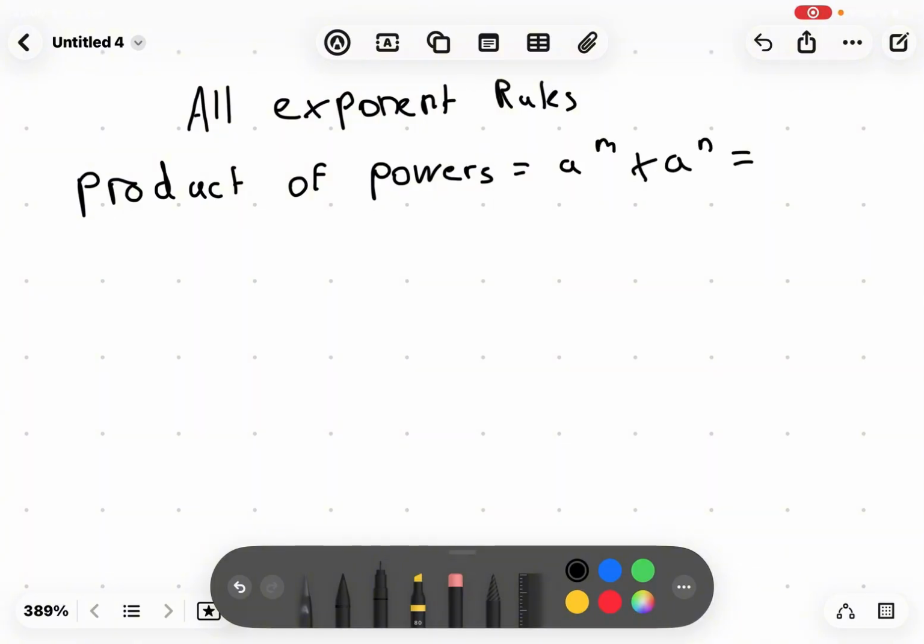If the base is the same, and the exponents can be different, if there's a times, you just add the exponents, as long as the base is the same.